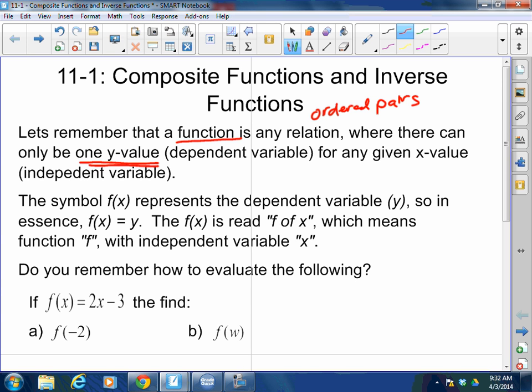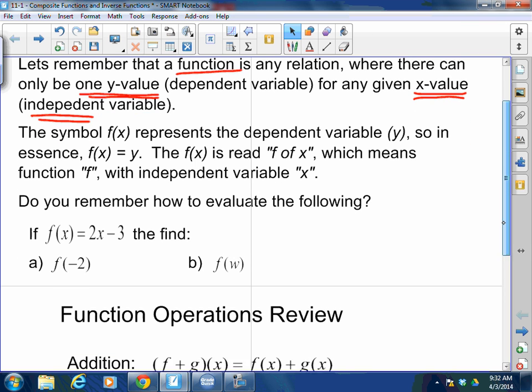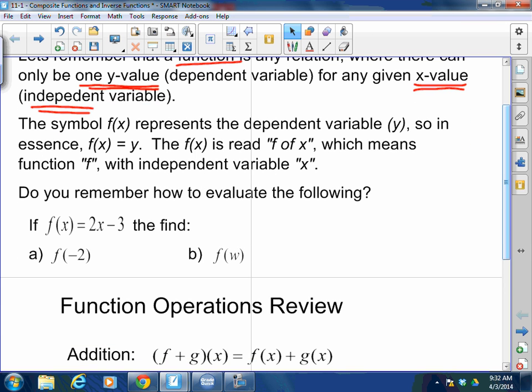Remember that y is a dependent variable for any given x value, the independent variable. That makes sense, right, guys? You remember that? Please remember also that the symbol f of x represents the dependent variable y. f of x equals y.